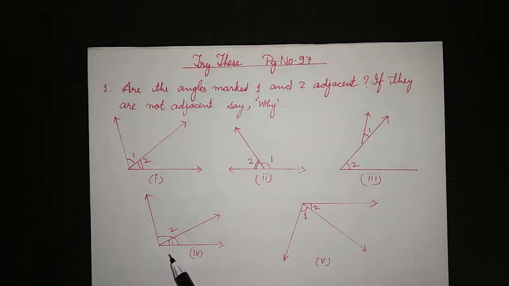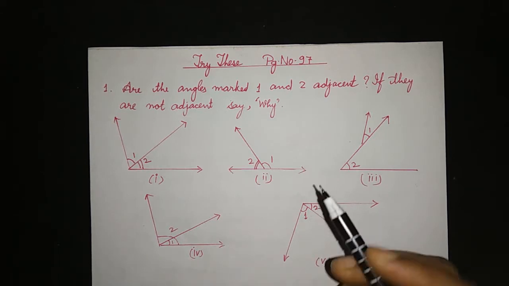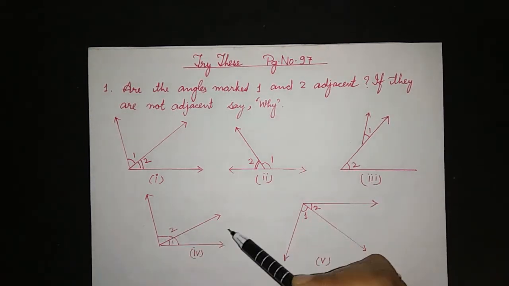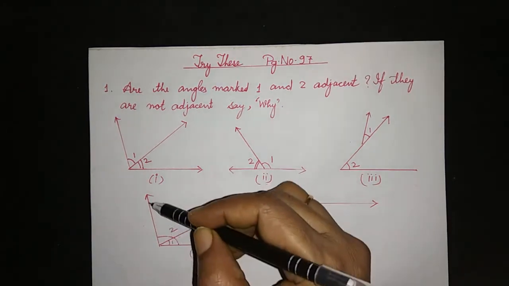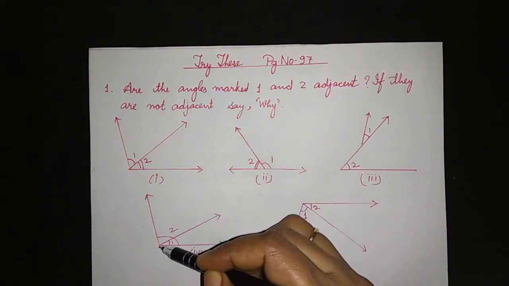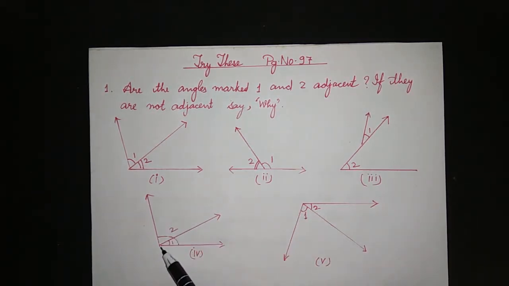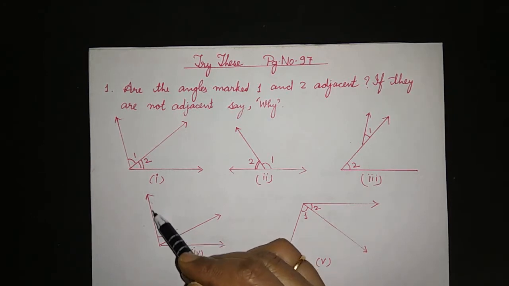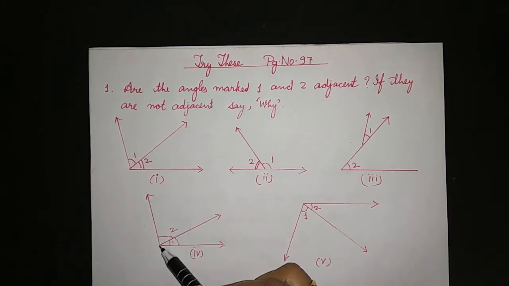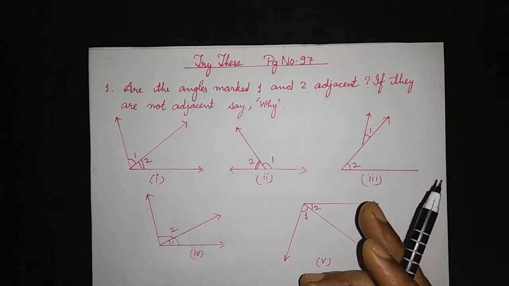Here in the fourth figure, angle 1 is this and angle 2 is this. And where is the common arm? The common arm is this, because this arm is coming in angle 1 and this arm is coming in angle 2 also.